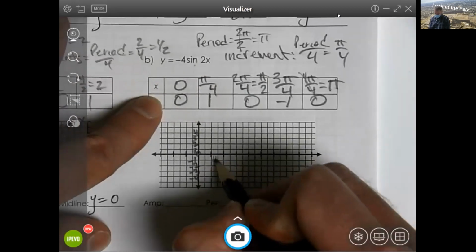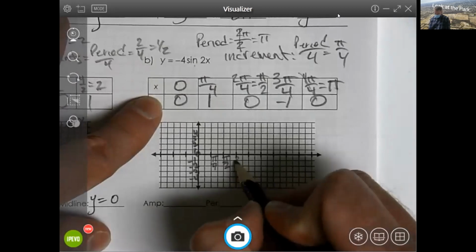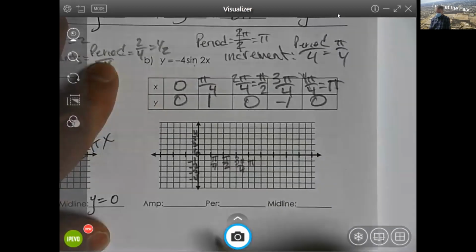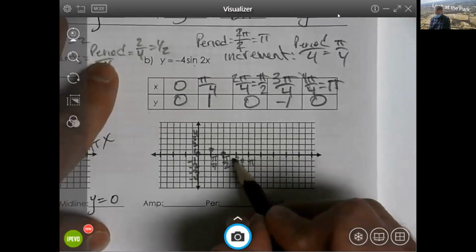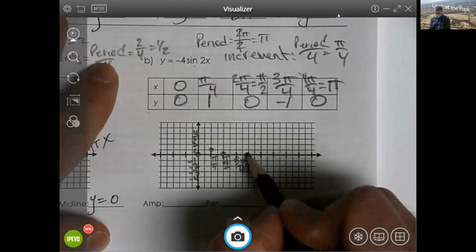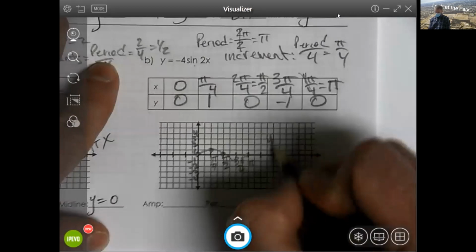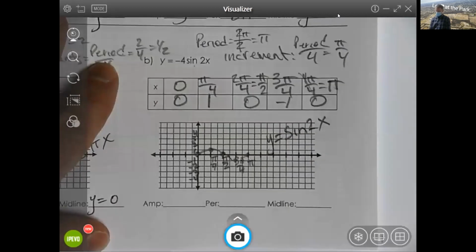This would be pi over 4. 2 pi over 4 is pi over 2. 3 pi over 4 and 4 pi over 4. So that is our y equals sine of 2x.